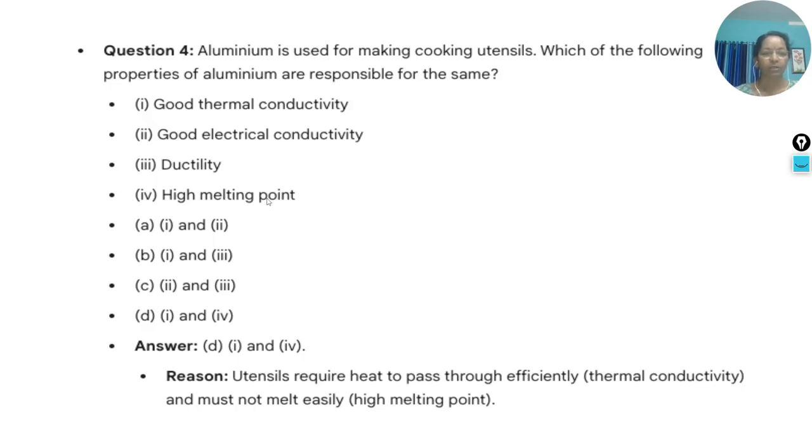High melting point is a required one. So the option given here is thermal conductivity, 1 and 4, only given here. So option D is the answer. Even though ductility is also required, that is not given in the option. So the answer is option D, 1 and 4.